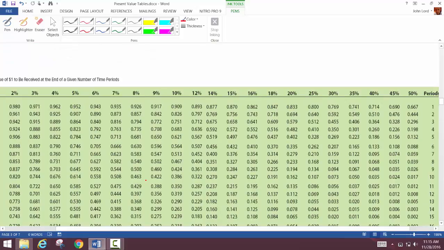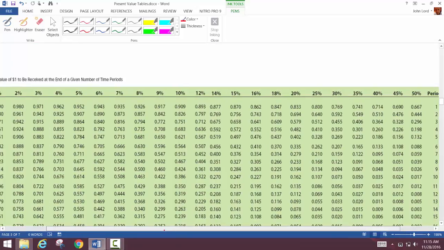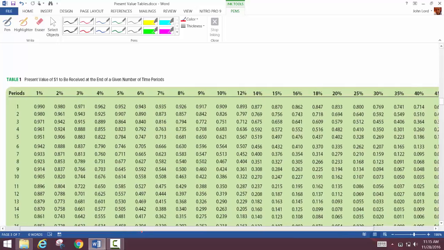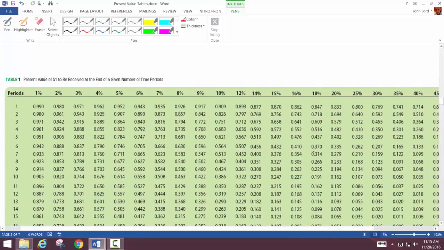Present value of $1 for, what was it, 8 periods? At interest rate of 20%. What's that? 0.233?